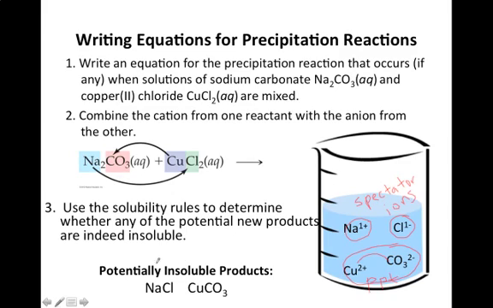So the potentially insoluble products were sodium chloride and copper carbonate. Based on your rules, you found out that copper carbonate is an insoluble substance, so the reaction forms copper carbonate.